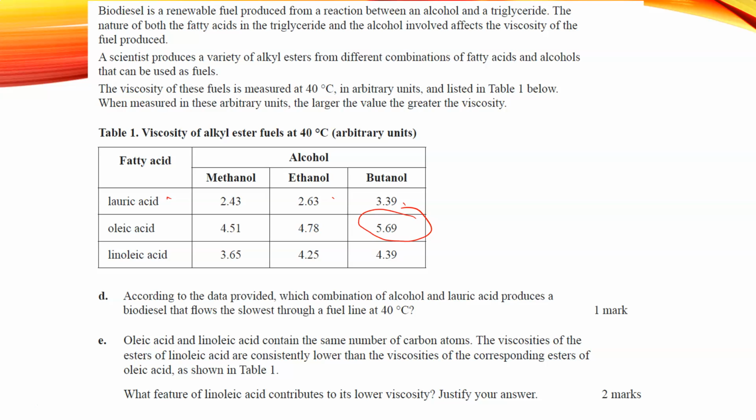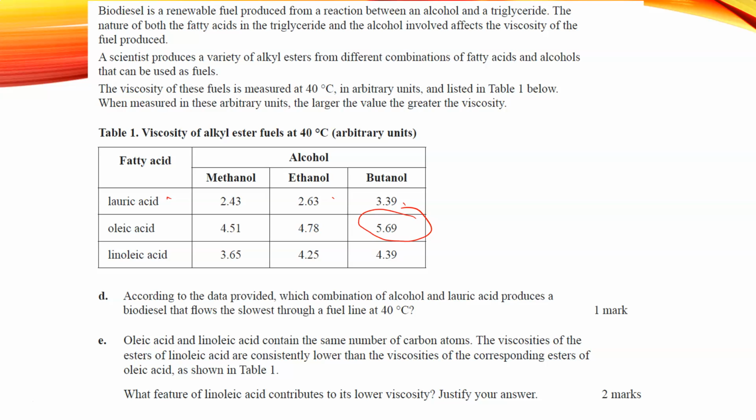Linoleic acid has 2 double bonds in its structure. You'll see that there is a double bond in a bracketed section of the semi-structural formula, and there's a 2 after the brackets. So it's got 2 double bonds. And something we learn really in Unit 4 is that double bonds reduce the ability for intermolecular forces.